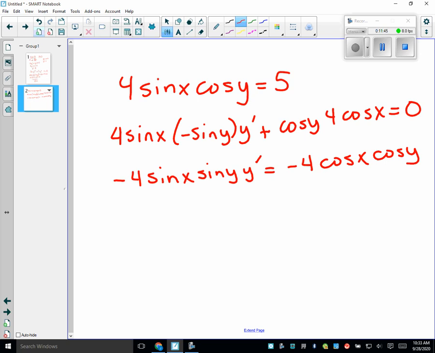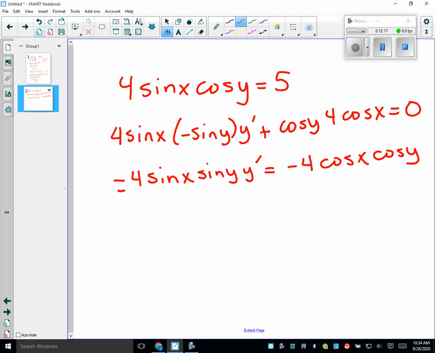Yeah, I would agree. You put the 4 sine x into the parentheses, multiplied it, and then subtracted the cosines. I always put x and then y, that way I'm consistent.